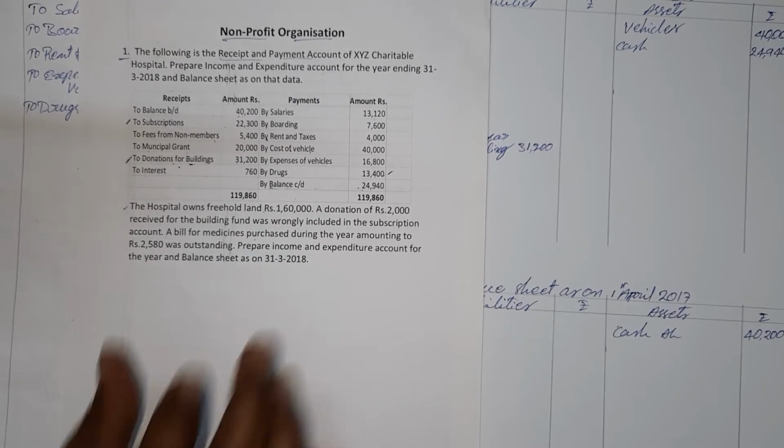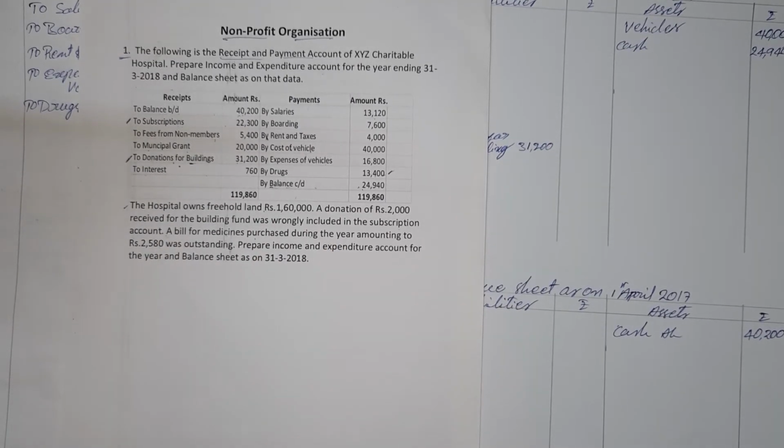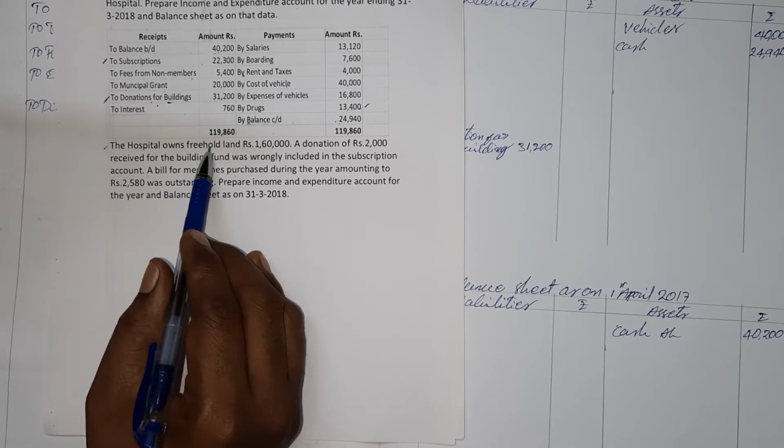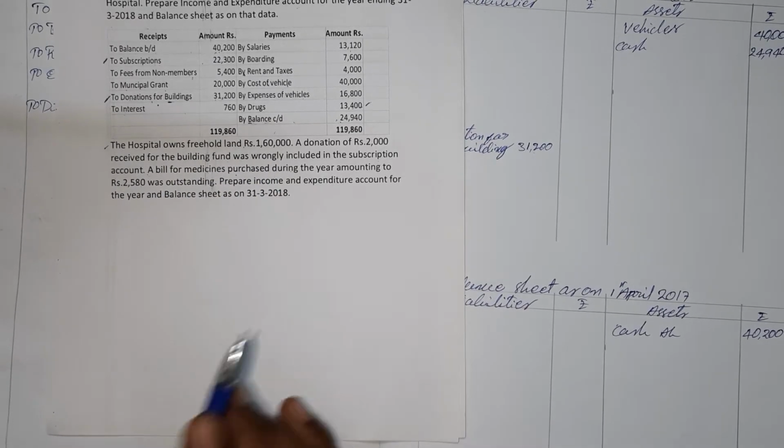Now, whatever the adjustments, you should enter them twice. Let's see how. The first one: the hospital owns freehold land 1,60,000.